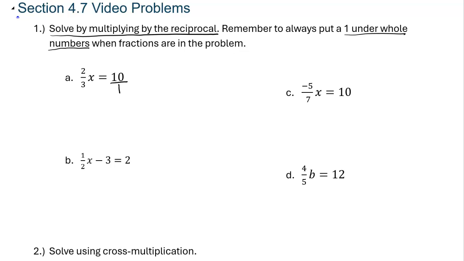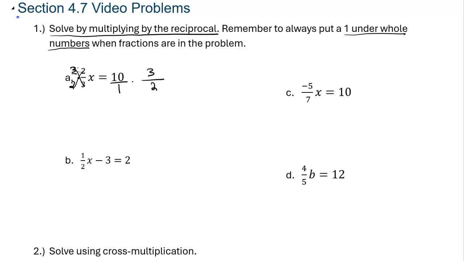All right, so we are going to multiply both sides by the reciprocal. So the reciprocal of 2/3 is 3/2. Multiply by 3/2. Well, notice 3 times 2 is 6. 2 times 3 is also 6. 6 over 6, or 6 divided by 6, is 1.